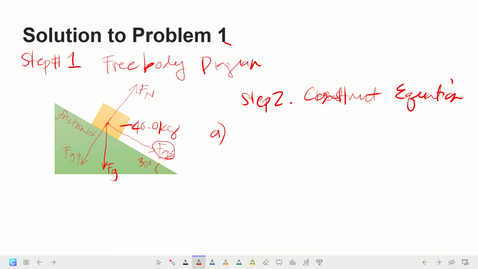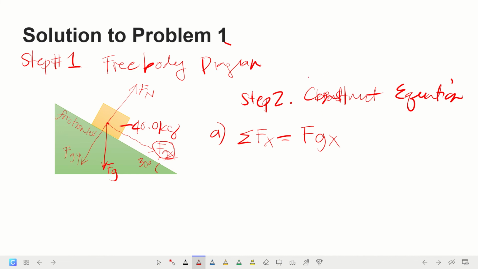So we need to look for the equation for this one. The summation of forces along the x-axis, or the net force, since we have no opposing force, will only be the parallel component of the force due to gravity.